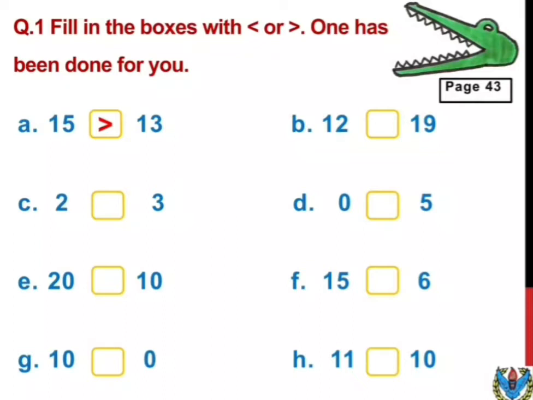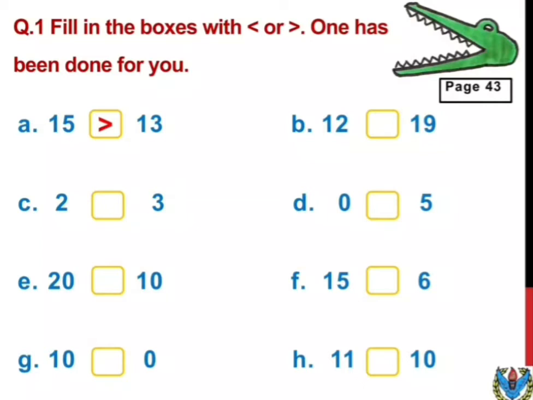Both of the numbers belong to 10's column. So we will start counting from 10. 10, 11, 12, 13, 14 and 15. So we know that 15 is the bigger number and 13 is the smaller number. So we can say 15 is greater than 13 and we use the sign greater than here.